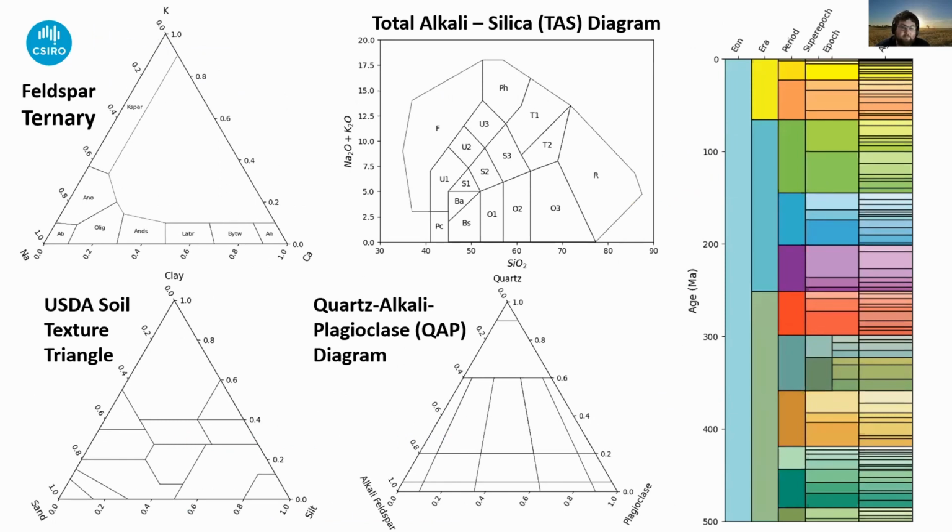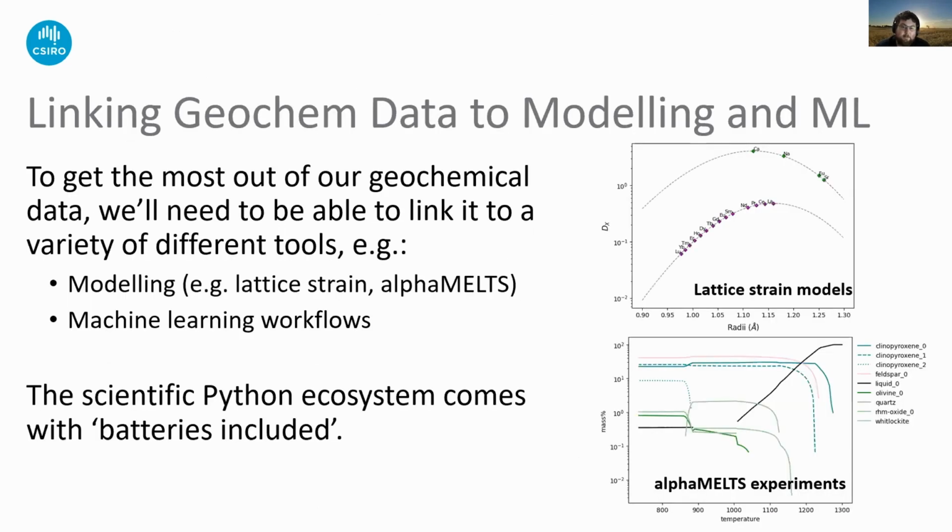Pyrolite also includes a gradually expanding set of utilities for plot templates and even a geological timescale, which slipped in there. And by providing a range of functionality, some of which is quite simple, we can start to combine and integrate a few of these different functions in a fairly flexible way. And part of the idea behind Pyrolite is to start to make these linkages between tools, data, and models a little bit easier.